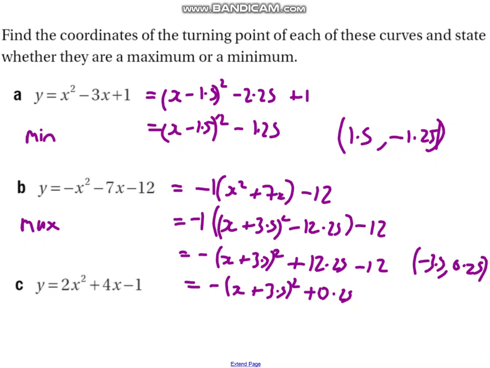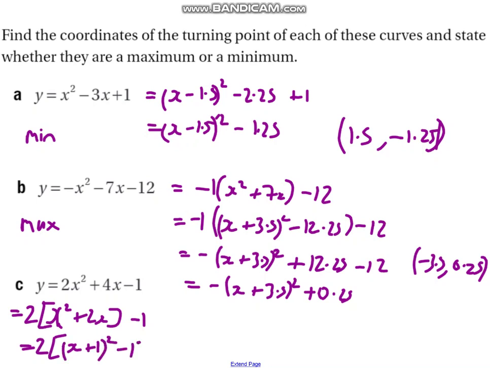For this one again, we'll do a little cheeky factorization. So we're going to have 2, and I'm going to use a square bracket now. It's not going to mean anything different, it's just to differentiate between the two types of bracket. That gives us x squared plus 2x minus 1, and so that's 2, and now we complete the square: x plus 1 all squared minus 1, then the minus 1 here is this minus 1.